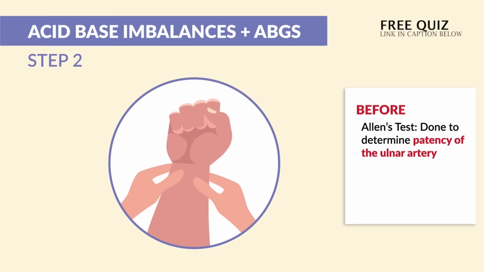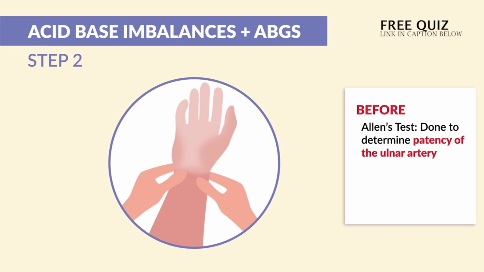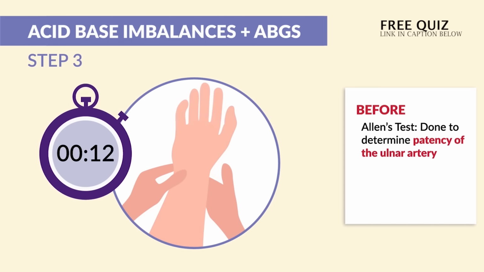Step 2, the palm is open to reveal a pale palm from the lack of blood flow. And lastly, step 3, releasing the pressure on the ulnar artery here first, the palm should regain its color in about 15 seconds or less. This indicates the key term, patency of the ulnar artery.